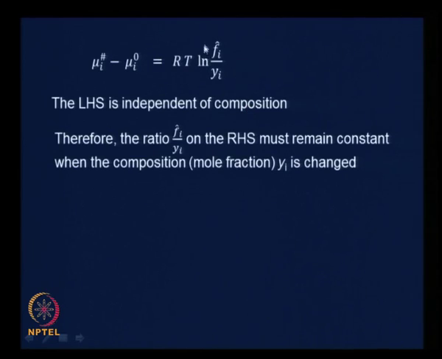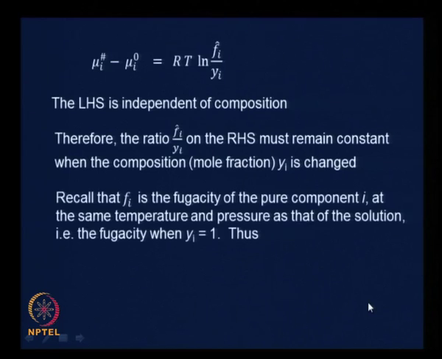Therefore, when you change yi here, the only way that this remains independent of composition is that this ratio becomes independent of composition. Therefore Fi hat by yi must remain constant when the composition is changed, or when yi, which represents the mole fraction, is changed. I hope this is clear.